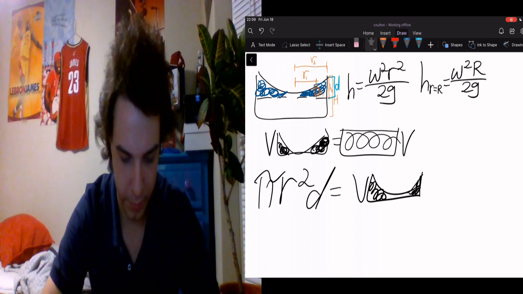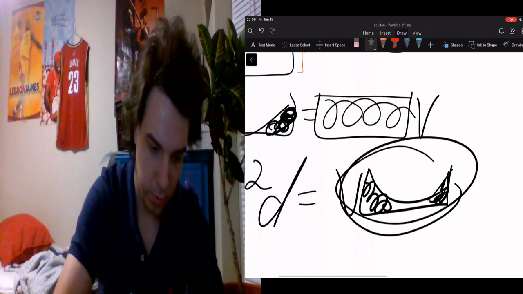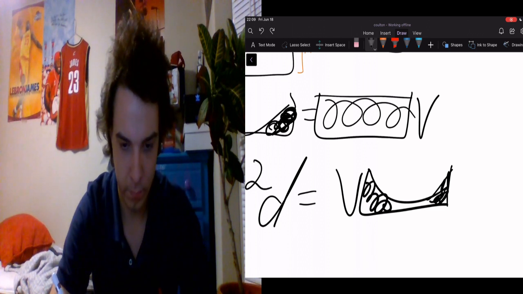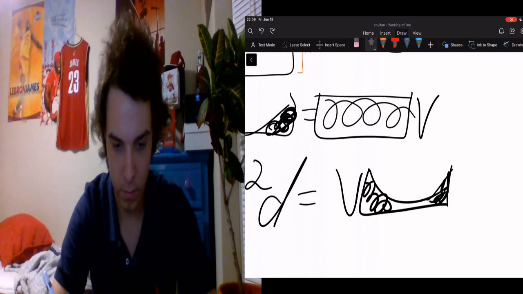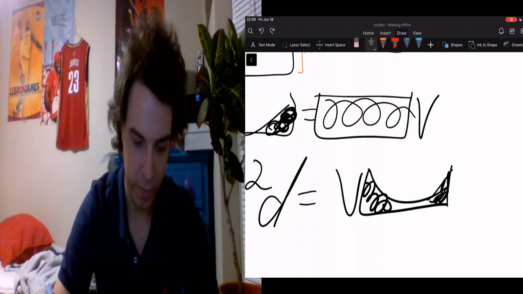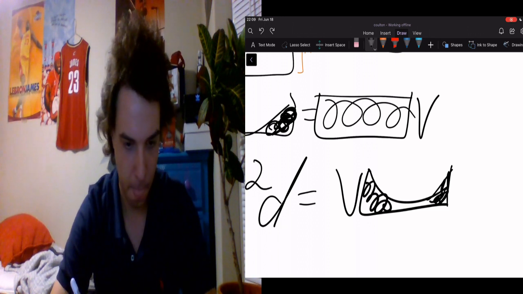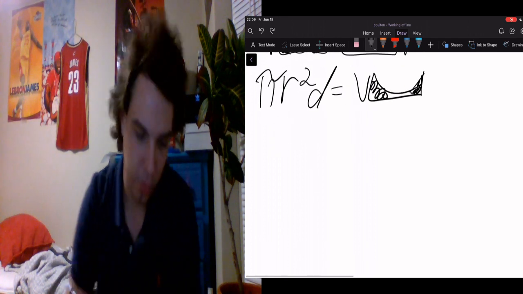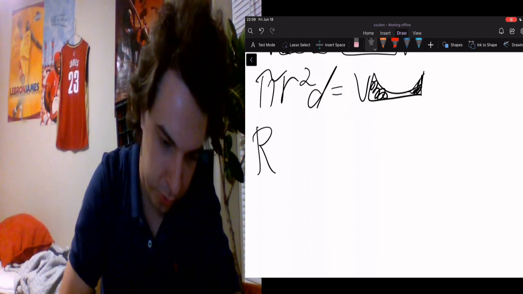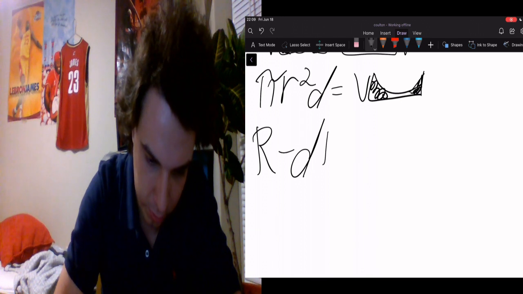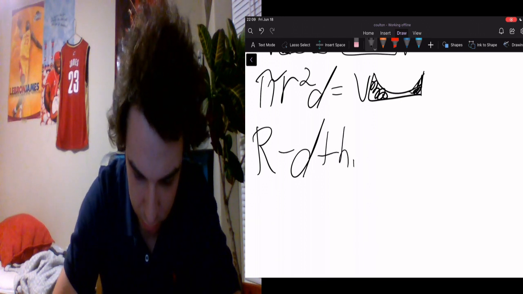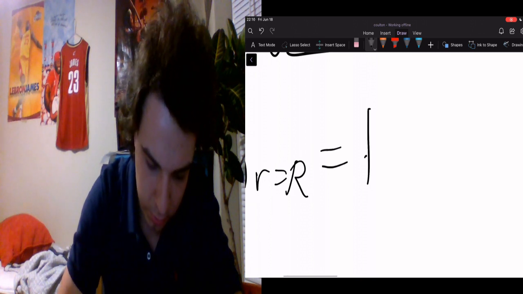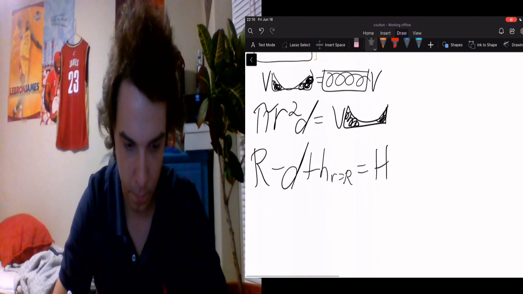And then we want to integrate this, and that's going to help us get our answer. First we say that the big radius minus the distance d plus h of r is equal to h.